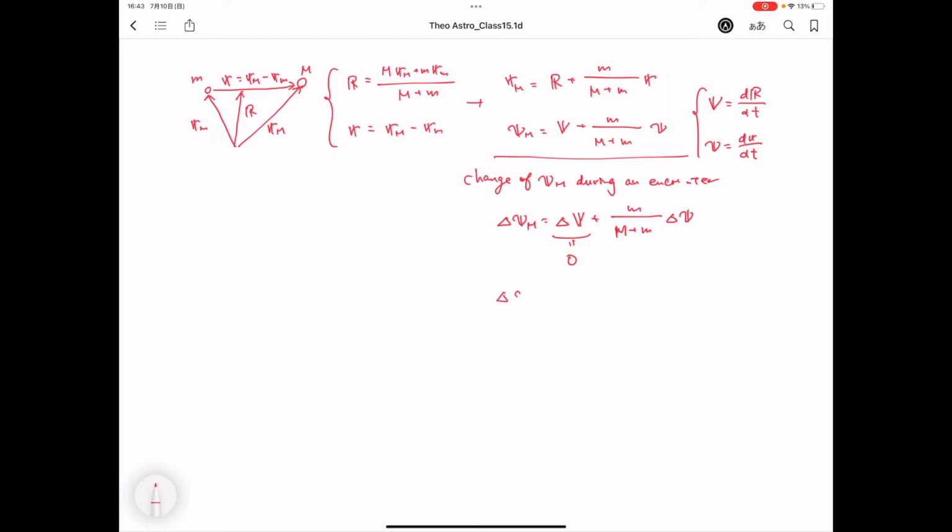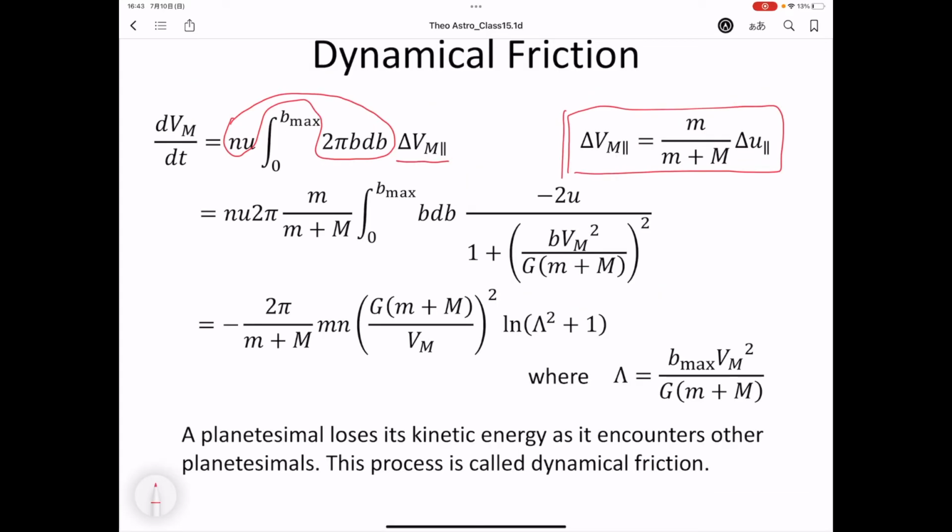So delta V sub m equals m over capital M plus m times delta v. So we can find the relation between the relative velocity and the velocity of the planetesimal with the mass of capital M, and we derived this expression. Then you can substitute here. We have already derived delta u parallel. Then it becomes this equation.